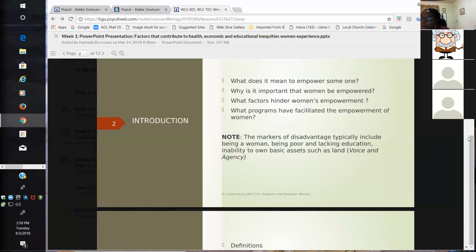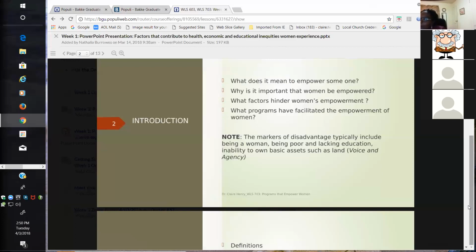Gender bias. Gender bias, that's important, and that falls on your cultural belief system, and it could also be part of your religious experience or religious belief system.